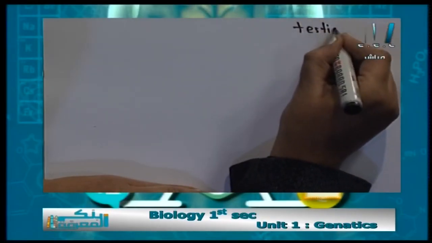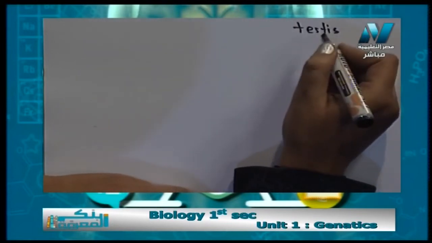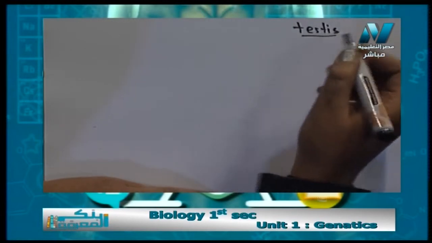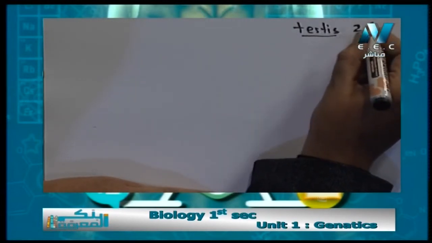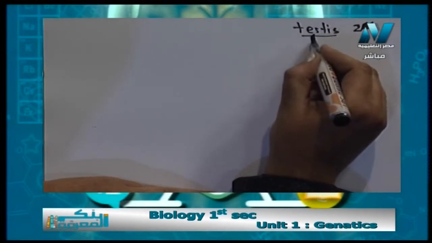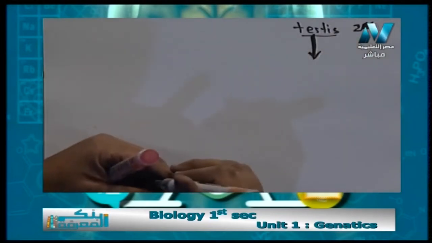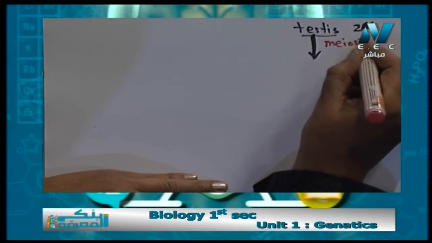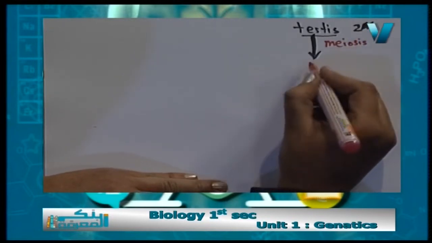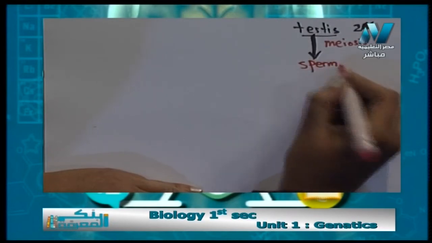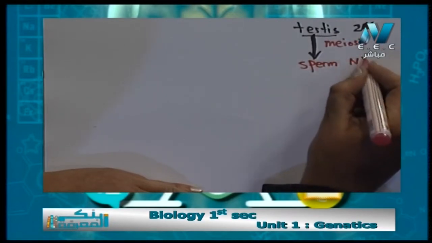Testes is a reproductive organ which contains 2n. That means it's body cell, somatic cell. By meiosis, testes produce sperm, haploid number, half number.